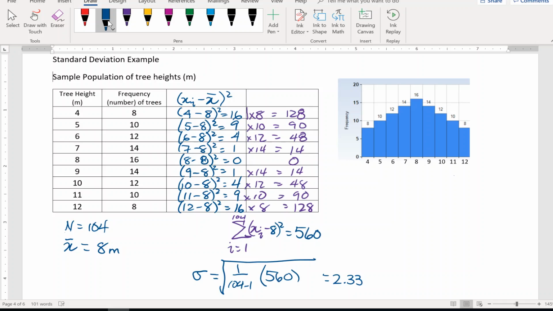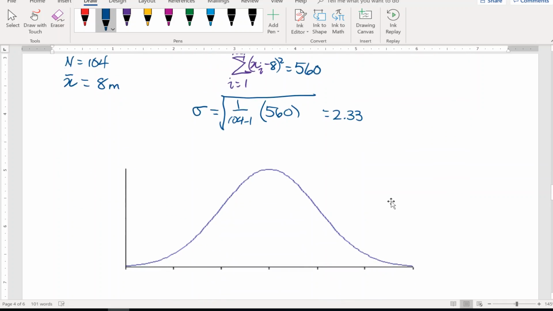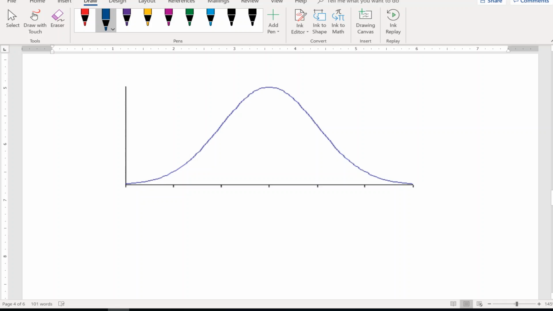So what does that mean? Well, let's take a look at just a bell curve here. And this is the mean down here, which we saw is 8. Now what this means is that within one standard deviation, 68% of our data lies.